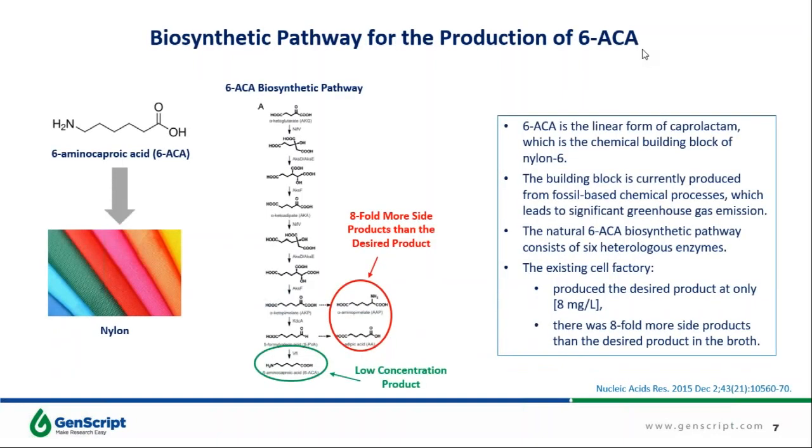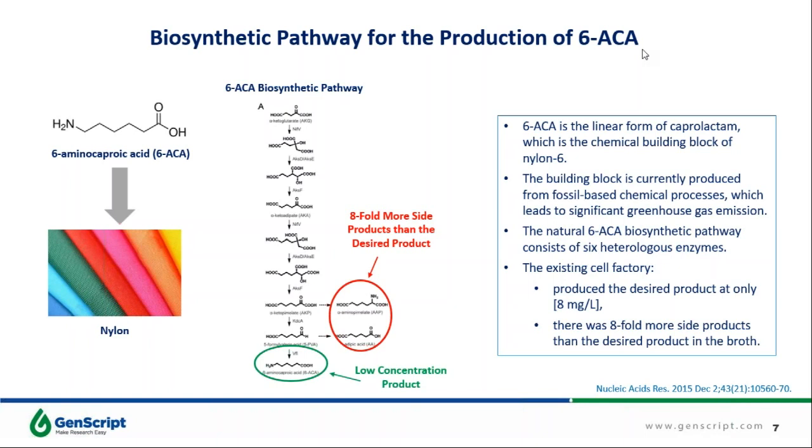I would like to illustrate the combinatorial optimization with a real case, which is from Professor Chris Ward's lab in MIT for the construction and optimization of 6-ACA biosynthetic pathway in E. coli. 6-ACA, which is short for 6-amino caproic acid, is the chemical building block of nylon 6.